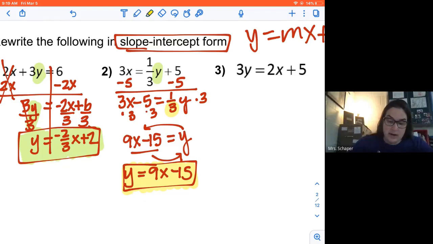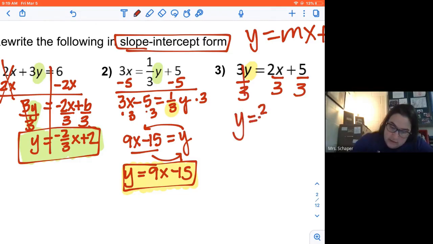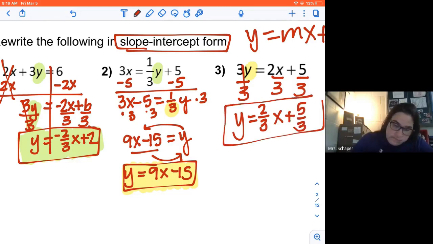So I'm going to undo that multiplying of 3 by dividing everything by 3. So we cancel these out. So y equals 2/3 x plus 5/3.